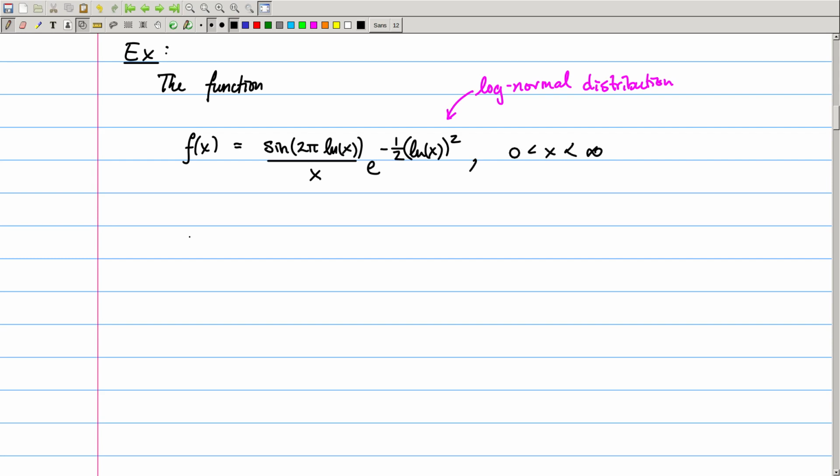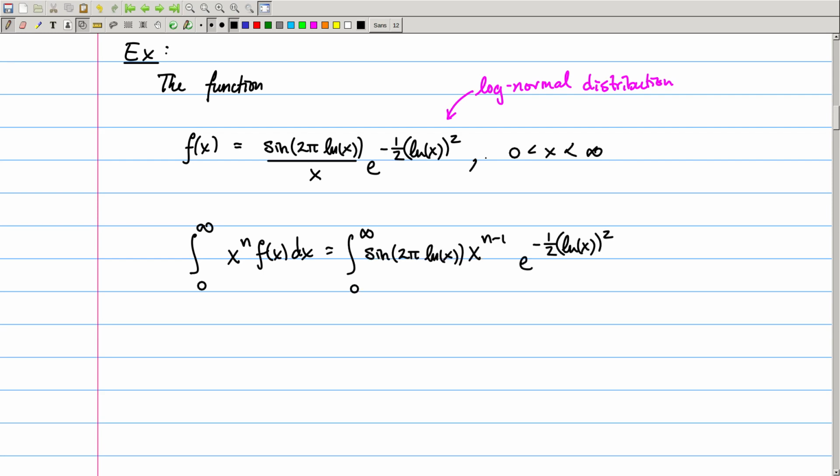So the moments of f(x) are integrals from 0 to infinity of x^n times f(x) dx, which we can write down as the integral from 0 to infinity of sin(2π log x) times x^(n-1) times e^(-1/2 (log x)^2) dx.